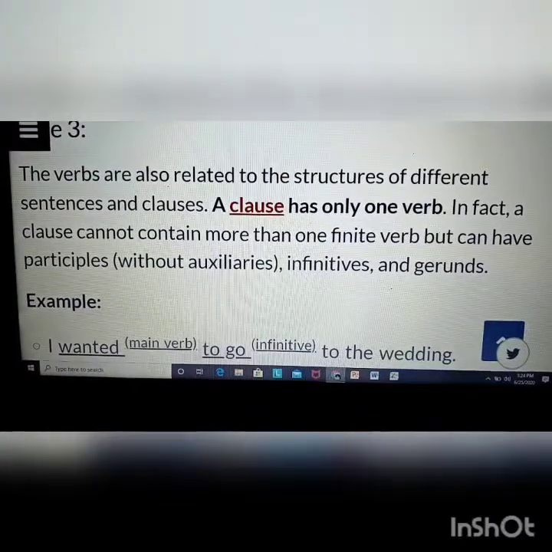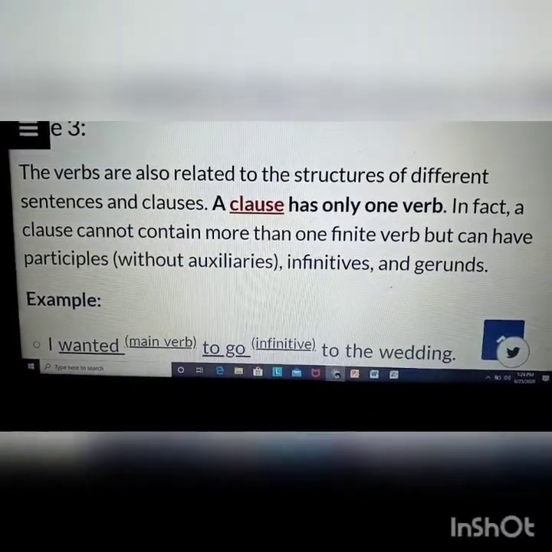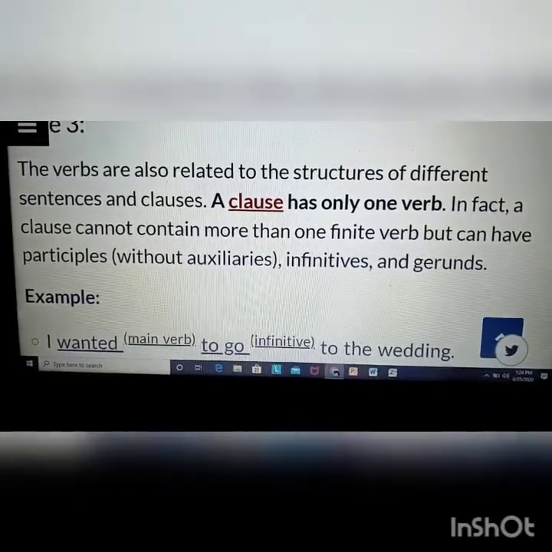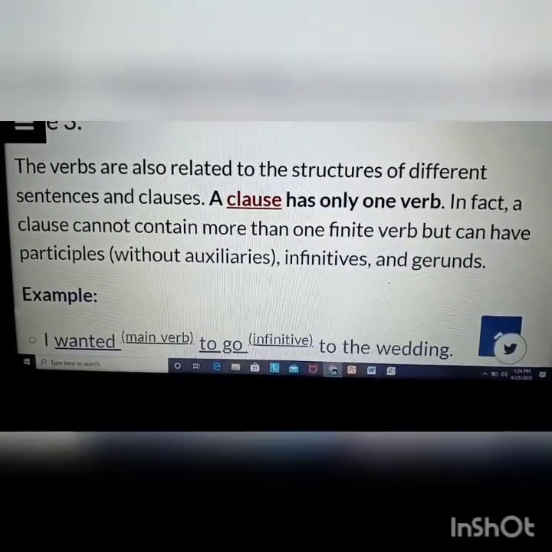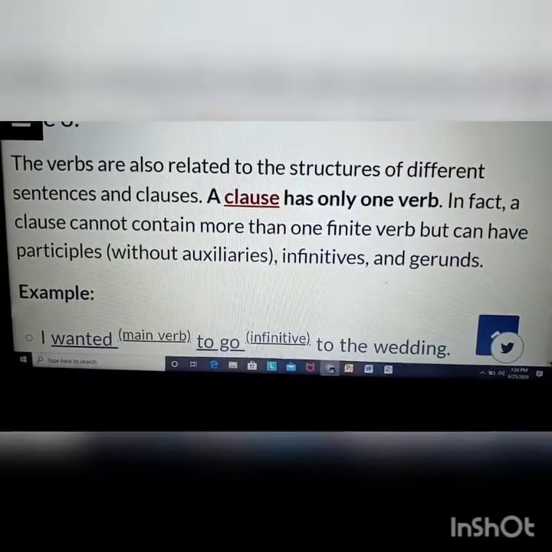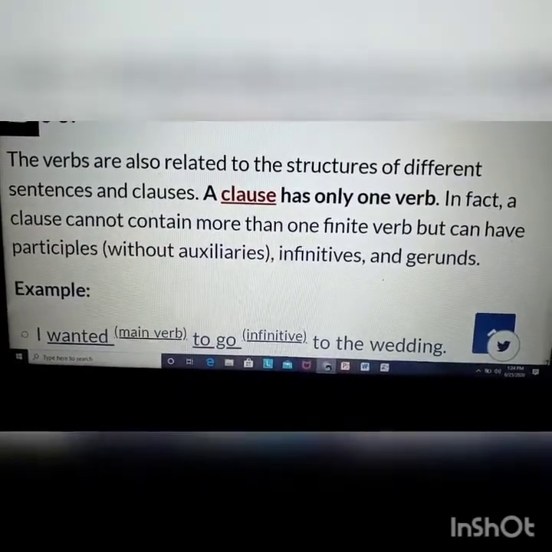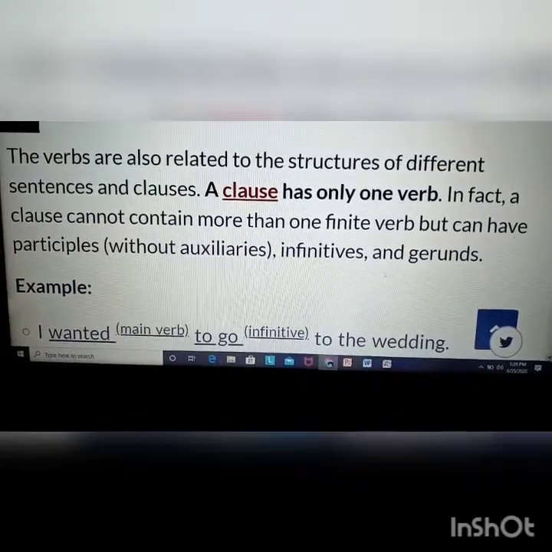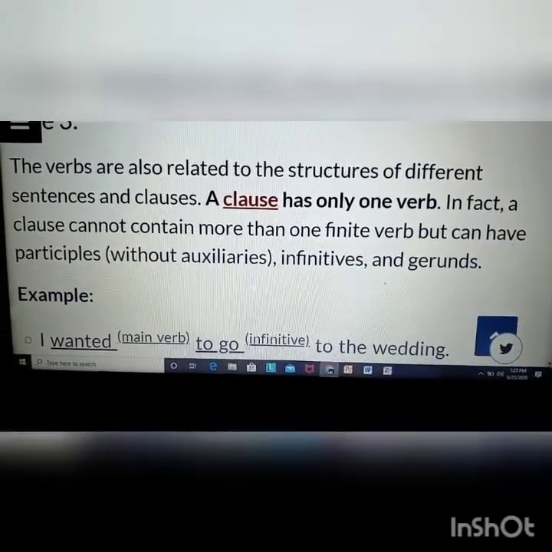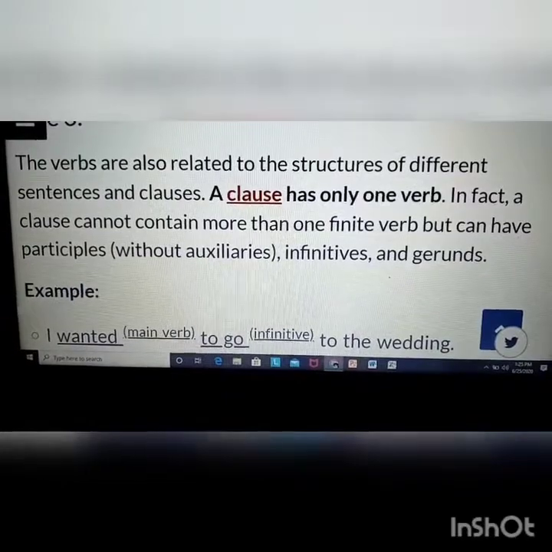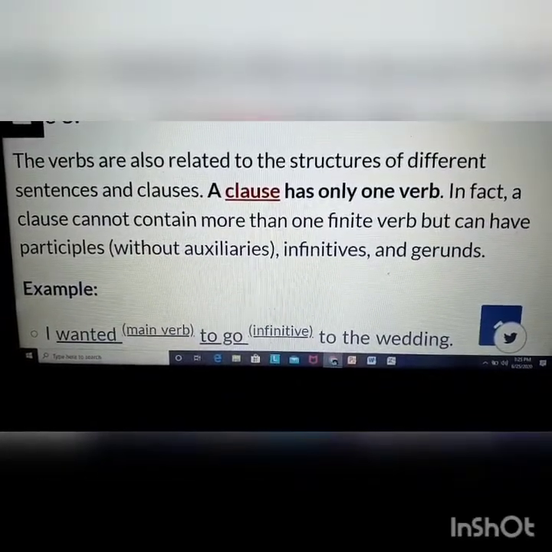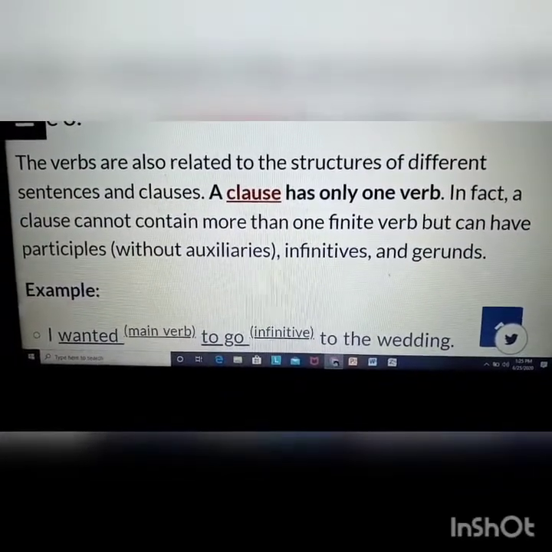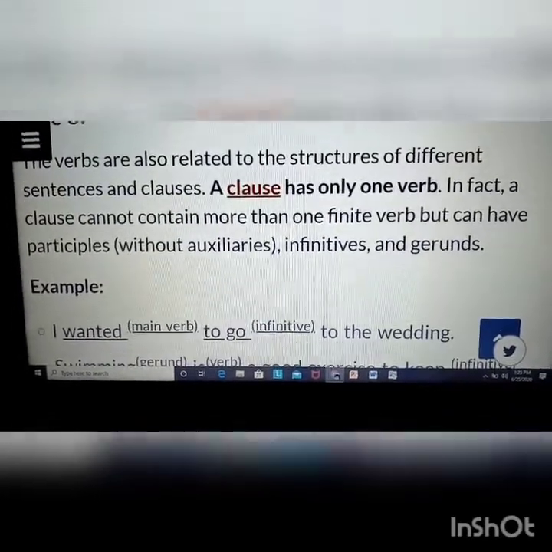That means there will be only one main verb in a clause, and other verbs will be in participle, infinitive or gerund. So only the main verb will change in a clause.